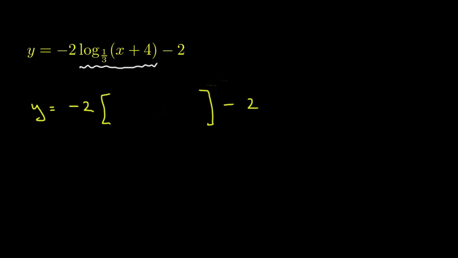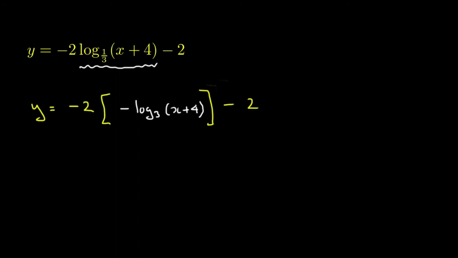And which logarithm is mathematically equivalent to this one? Of course, we will switch that to log base 3 of x plus 4. Note we still have to keep the same input, because both of these logs would have to be translated 4 units to the left. And don't forget, we also need a minus out in front. So if you're going to switch your base from 1/3 to 3, don't forget to put a negative out in front.